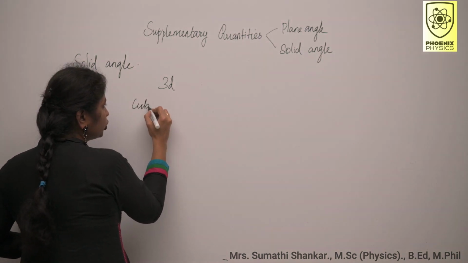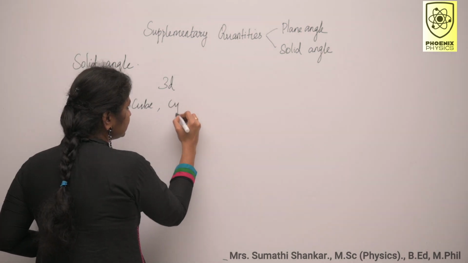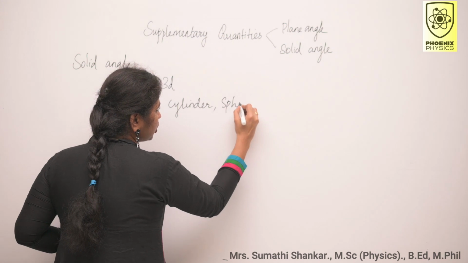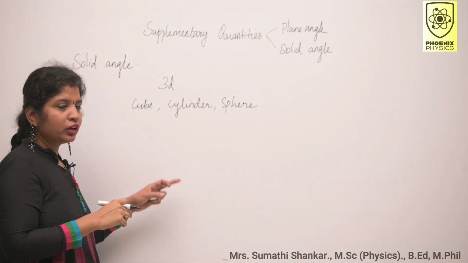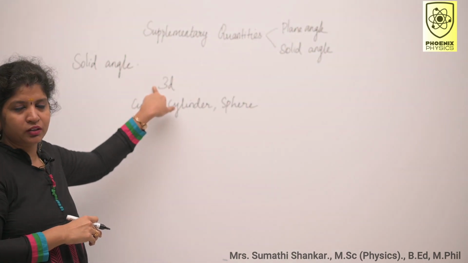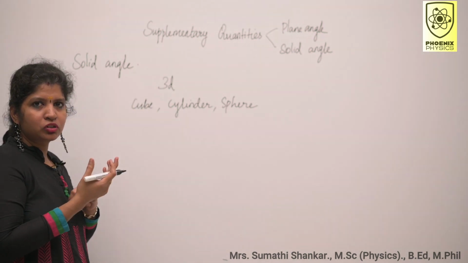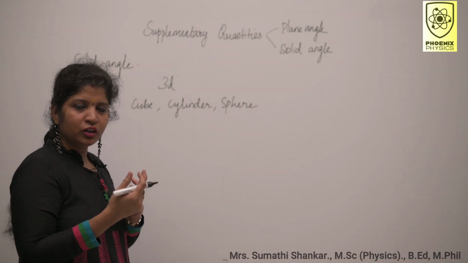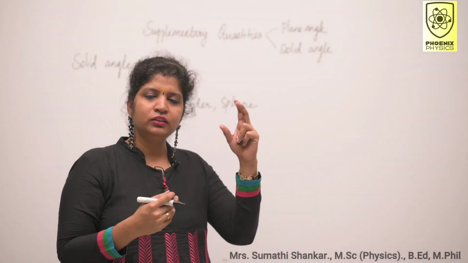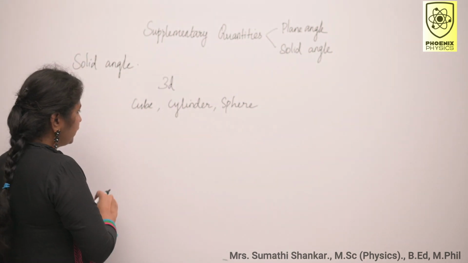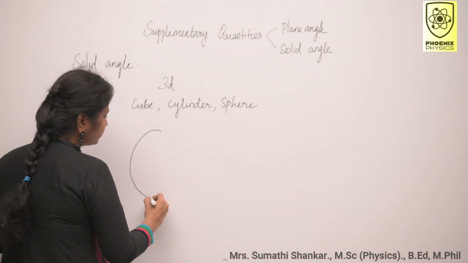Cube, cuboid, then cylinder, sphere. All are examples for 3-dimensional shape. Up to this clear. So generally we can say 3-dimensional means we can measure length, breadth and height. That's all.